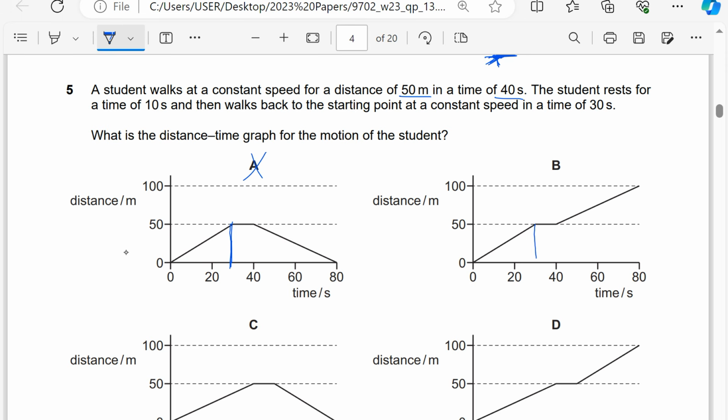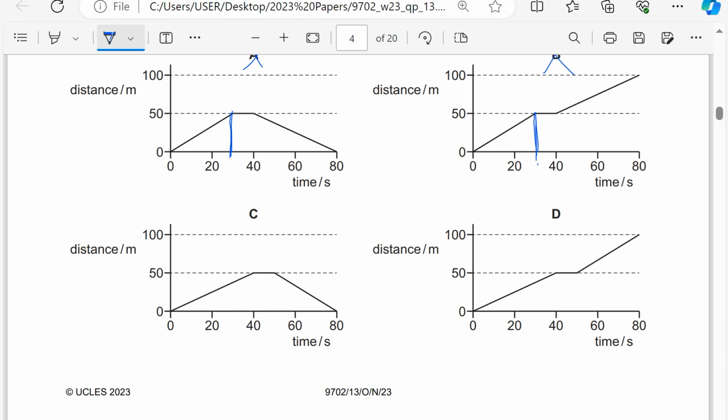Even here it stops moving at a constant speed for less than 40 seconds. So B is also out. It must continue moving at a constant speed for a distance of 50 meters in 40 seconds. So a straight line means constant speed for 40 seconds. So for B and D, the first part is correct.